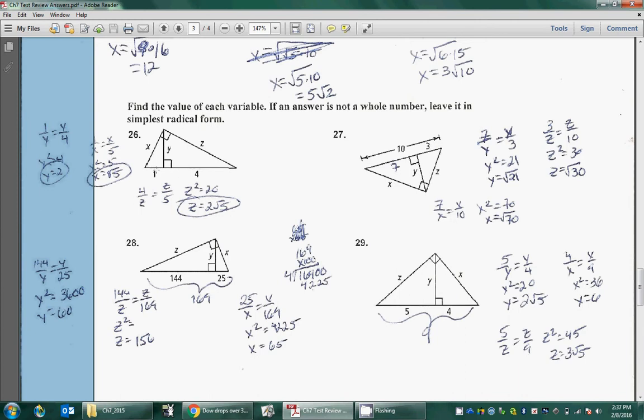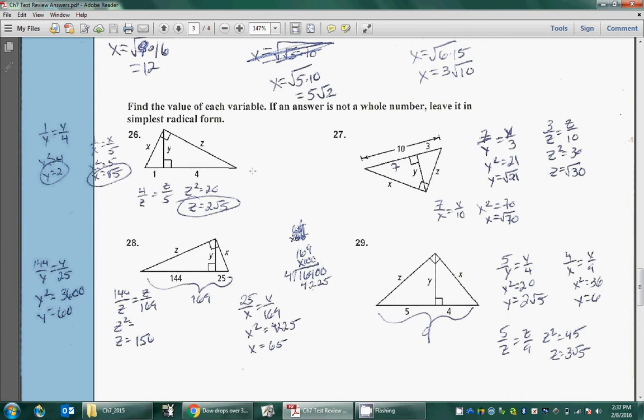In this case, it touches 1 and 4. Or, if I don't have the centerpiece, maybe I've got one of these legs, it's not touching both 1 and 4. It's touching 1, and I gotta use another number, so I'm also going to use the whole thing, which is 5. So when you look at my geometric mean here for x, I've got to find the geometric mean between 1, which it touches, and 5, which is the whole thing.